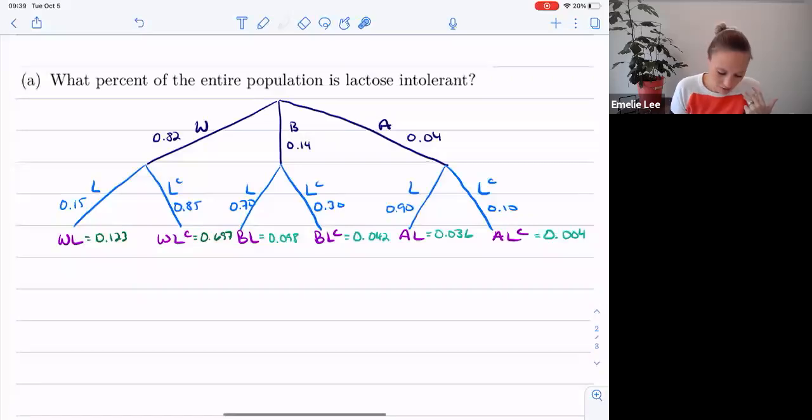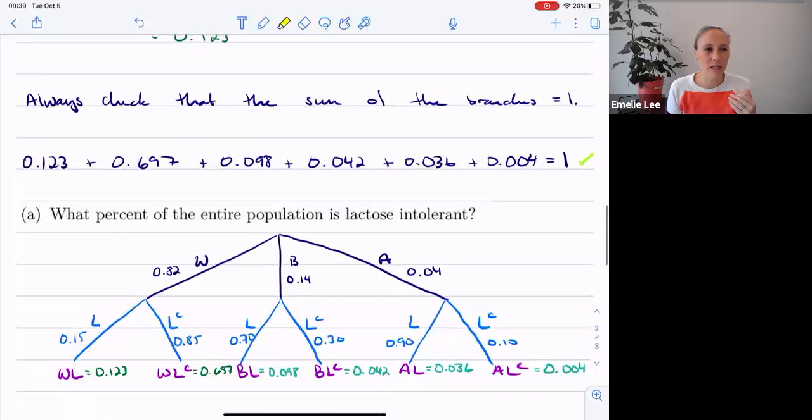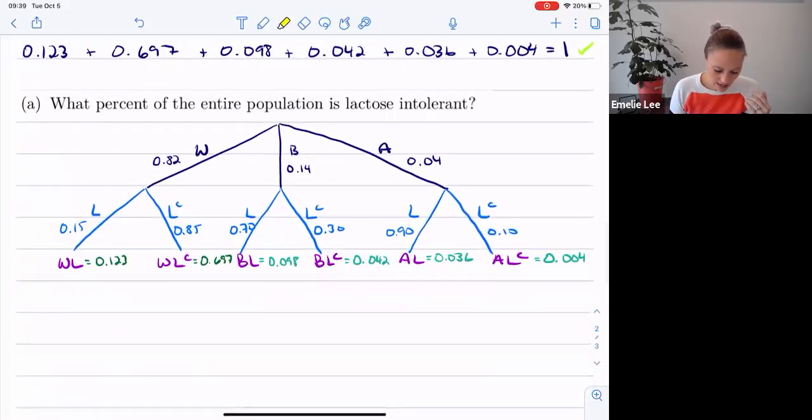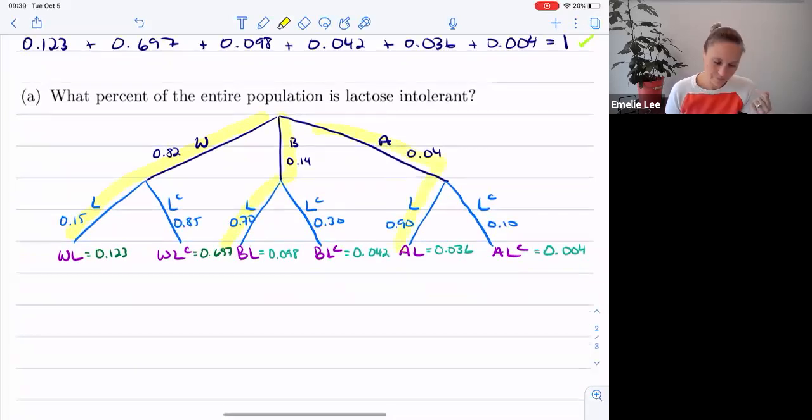Usually, especially if I'm working on an iPad like this, where I can make a mess and erase it, I highlight the branches that I want.